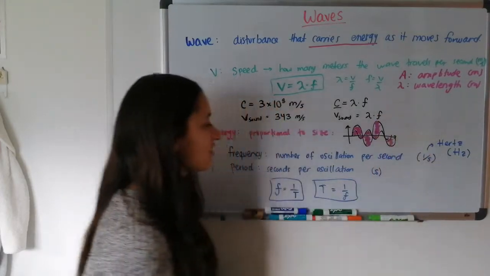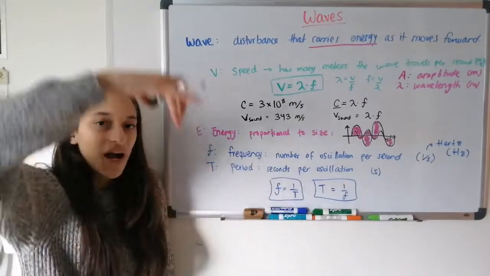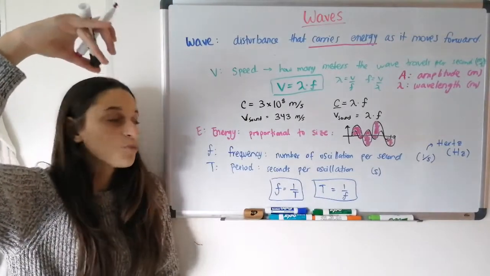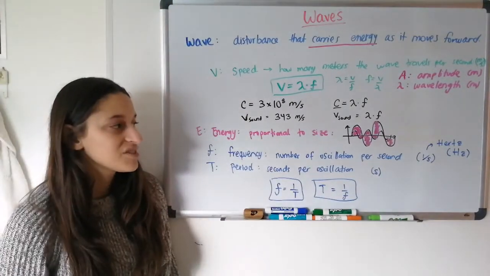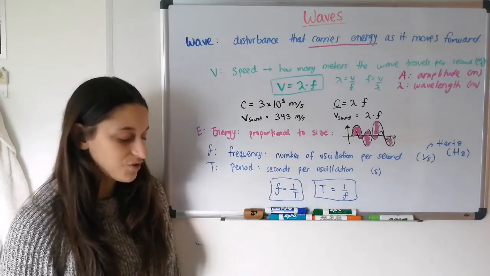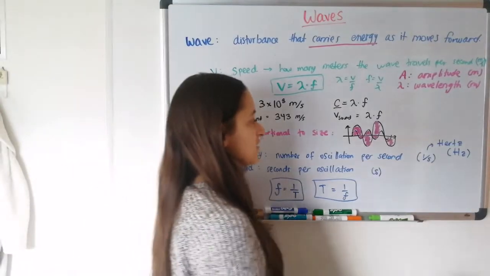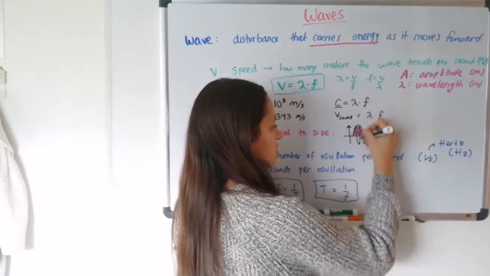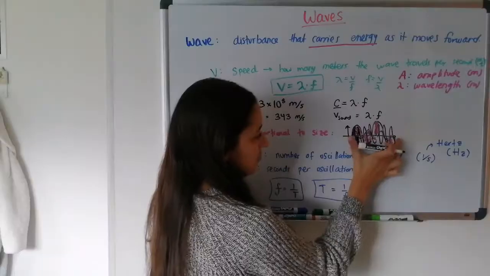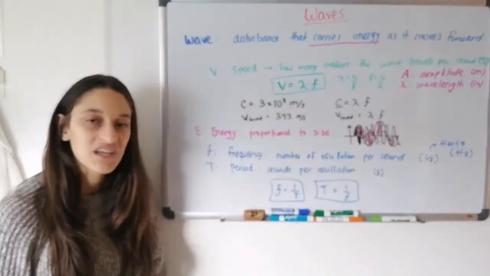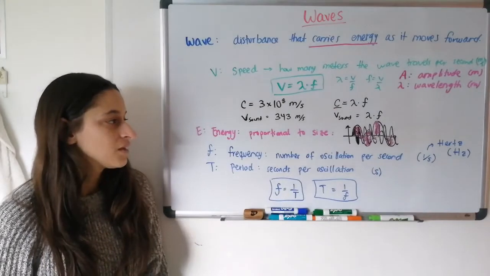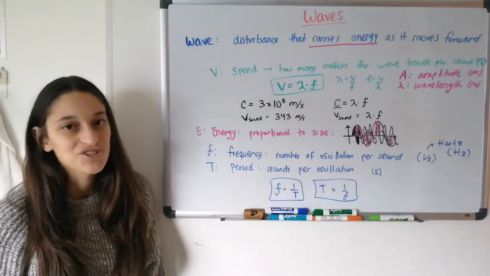So that's just the only thing you need to know about energy. The higher and lower it gets, the more energy. Frequency is also proportional, so if you have a wave of the same height, but it's a lot closer like this, the same amount has more wavelength, so it carries more energy. Okay, so that's it for the introduction to waves.